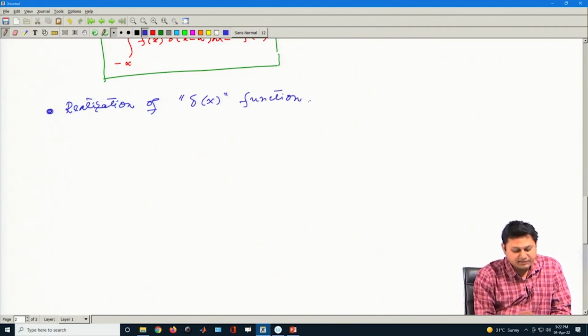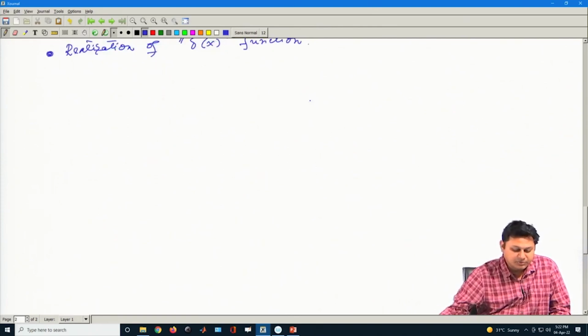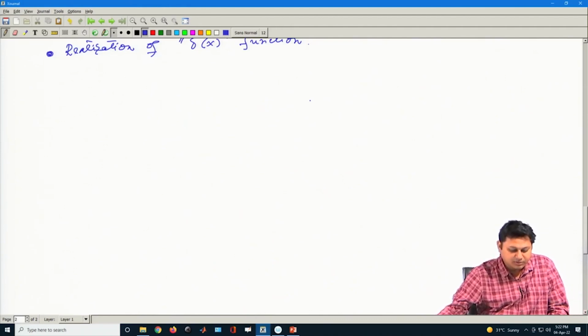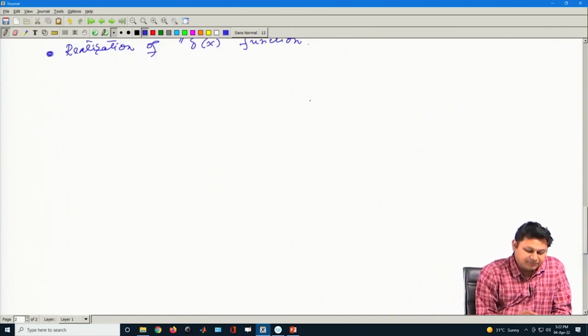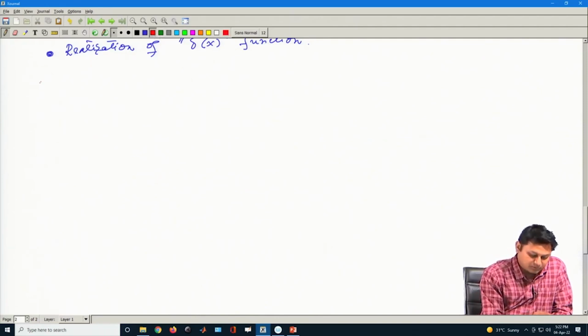One can realize the delta function by putting certain limits on well known functions, and then one can understand how the delta function is physically possible. So, let me give the first example quickly. I will give a few examples.